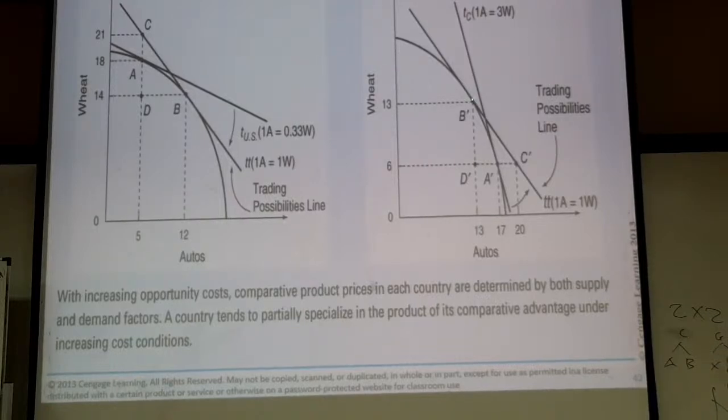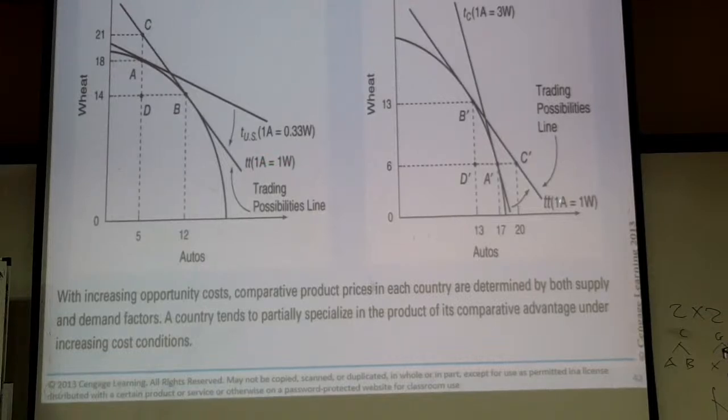And to this point where they agree, this is the trading line. They agree on the price. This is the same line. TOT, I say TOT, terms of trade. Terms of trade becomes the same price.